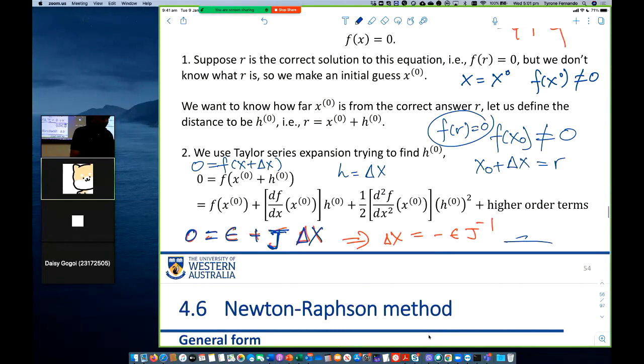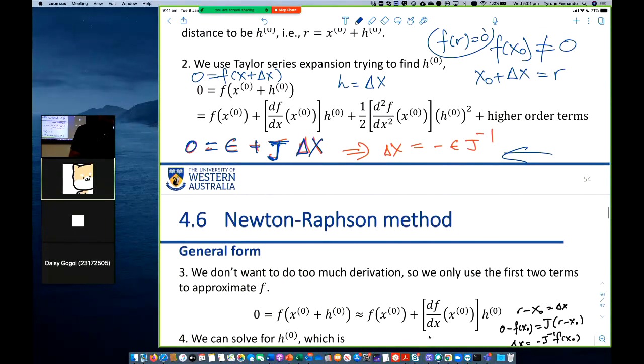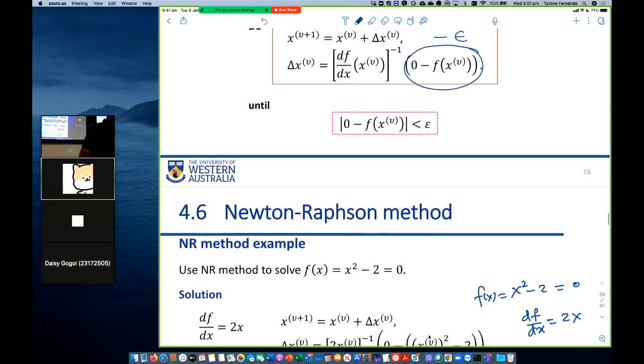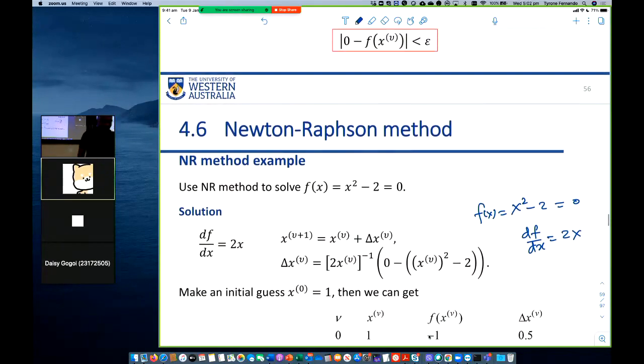It's actually, if it's a matrix multiplication, it should be written like this, with minus epsilon here. Matrix multiplication. So that's the Newton-Raphson. Delta x is the refinement for the next iteration.